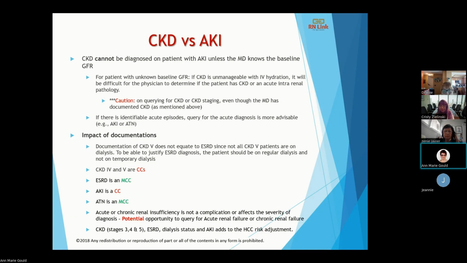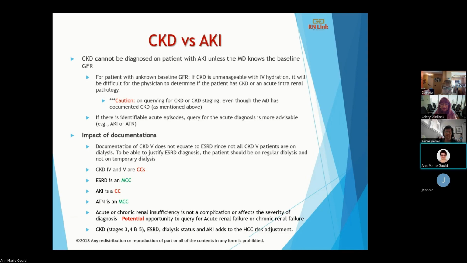Caution must be taken on querying for CKD or CKD staging, even though the MD has documented CKD as above. Like we said, if you don't have enough of those clinical indicators or the diagnostic criteria, be cautious if you're asking for a CKD stage. If there is an identifiable acute episode, a query for the acute diagnosis is more advisable.